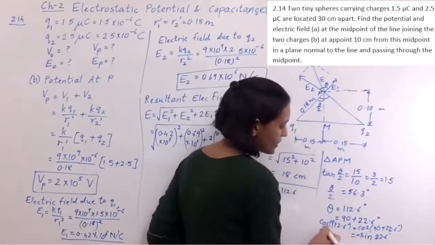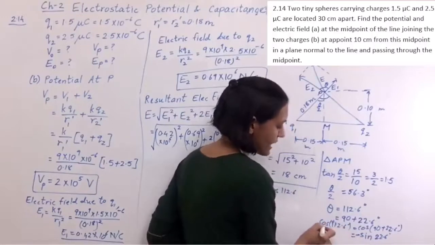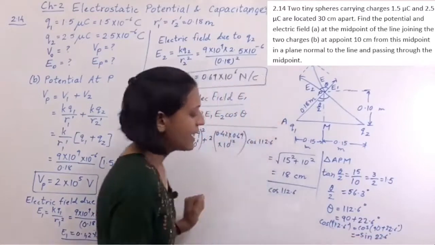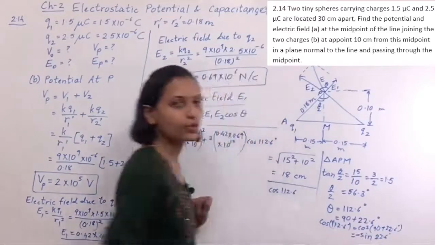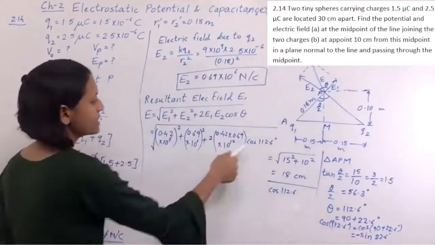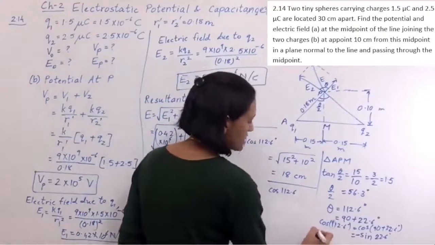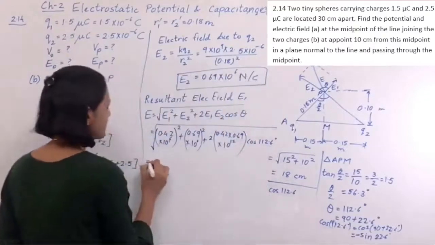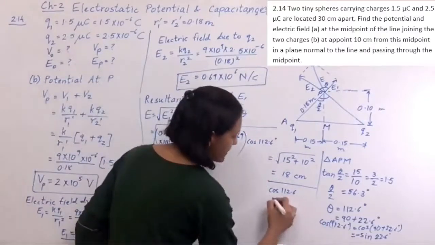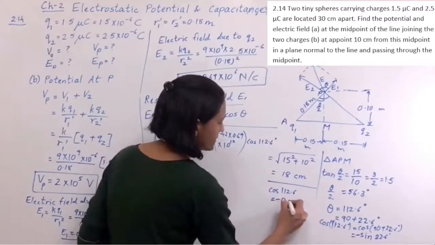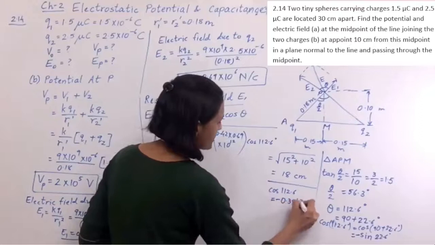So whenever you want to put the value of cos 112.6 degree, you should look into the table of sine and find the value of 22.6 degree. That value comes to be minus 0.3843.